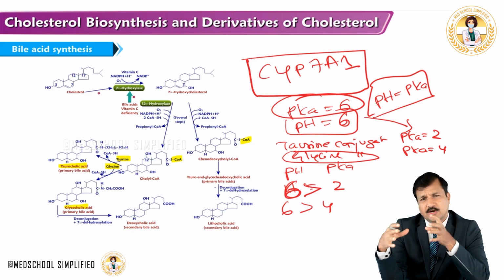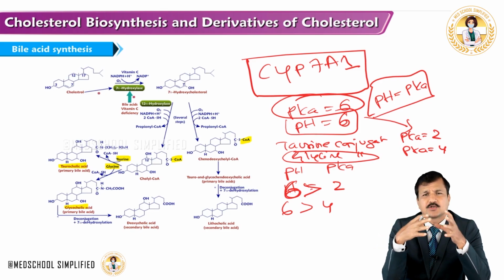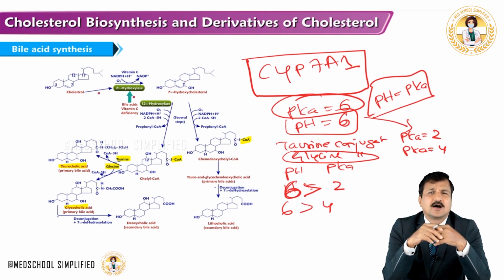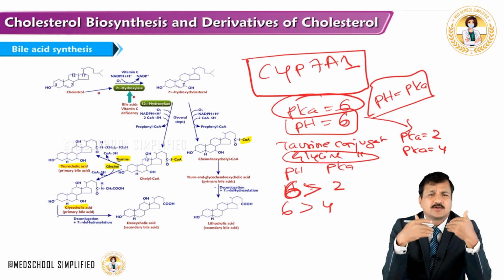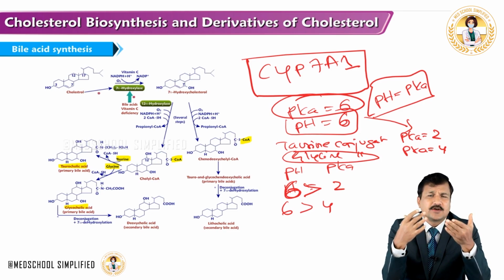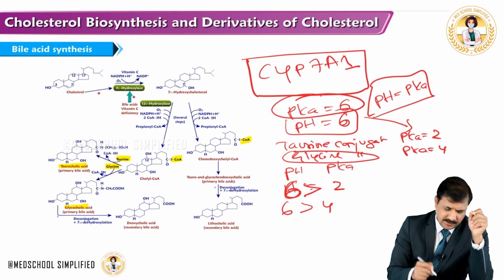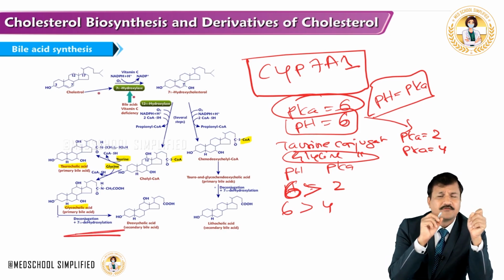As they move from the duodenum towards the terminal ileum, what will happen? The bacteria present in the intestine are going to act on these primary bile acids. They are going to do a deconjugation, meaning removal of taurine and glycine, and also they are going to cause 7-alpha dehydroxylation, and that's what is shown here in the figure.